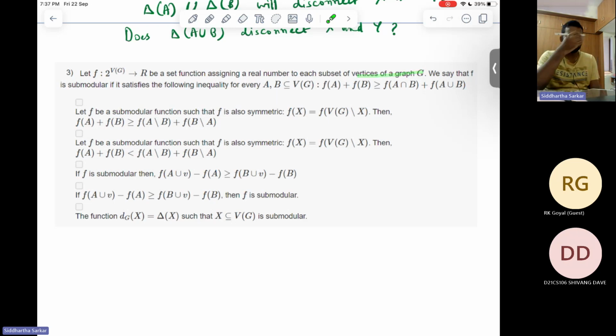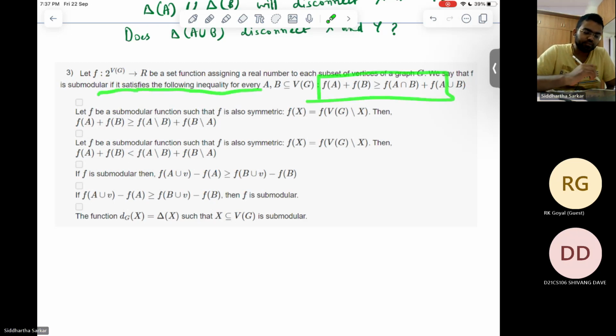It can be defined over a set. So here the set is the vertices of the graph, and you are considering the power set of the vertices of the graph, and the function is defined on every set of the power set, and it assigns a real number r to every subset of the vertex set.